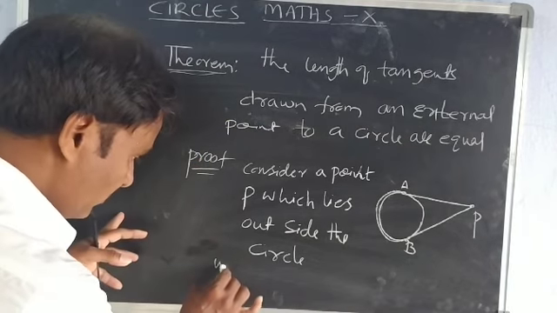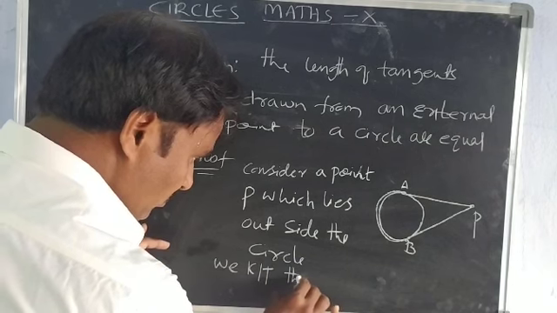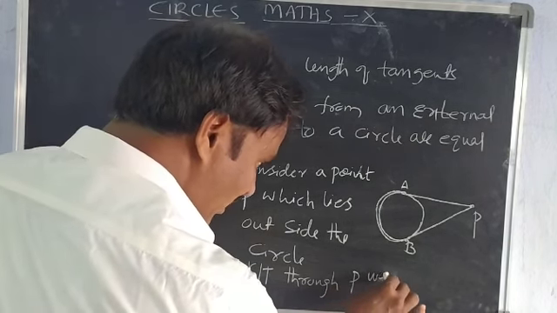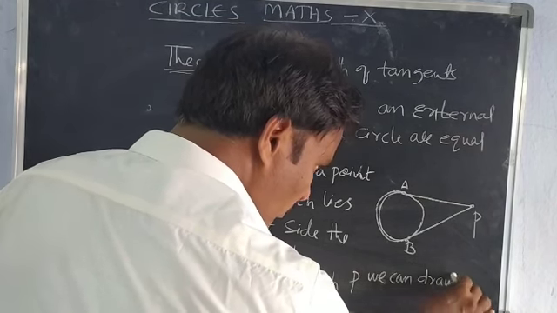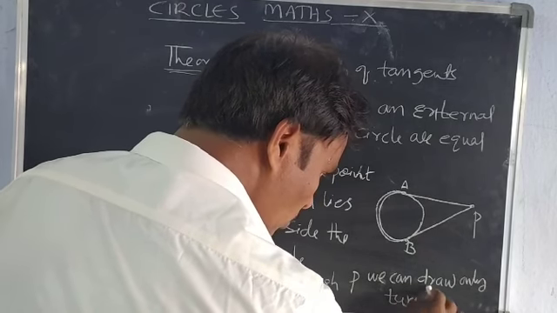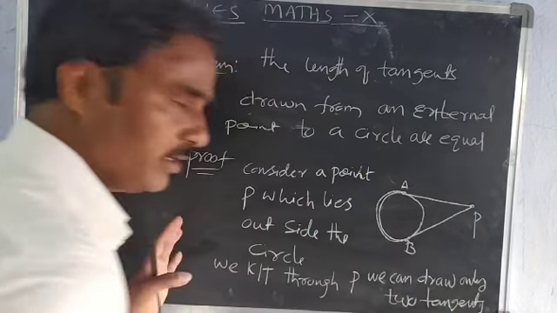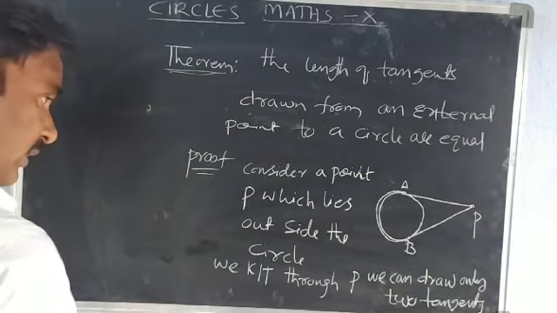We know that through P we can draw only two tangents. Why? Because it is an external point. Already we know from an external point we can draw two tangents.